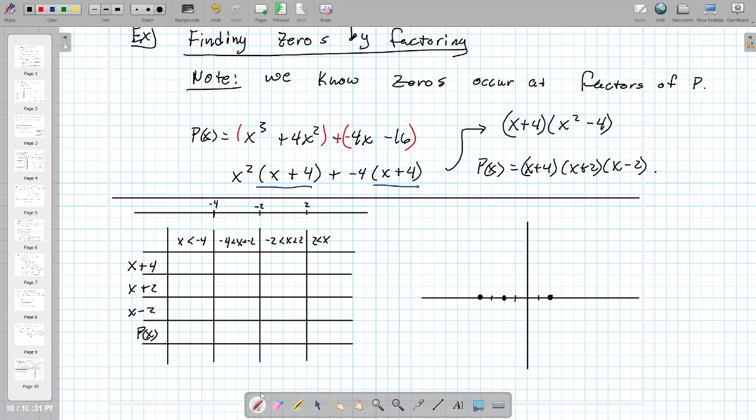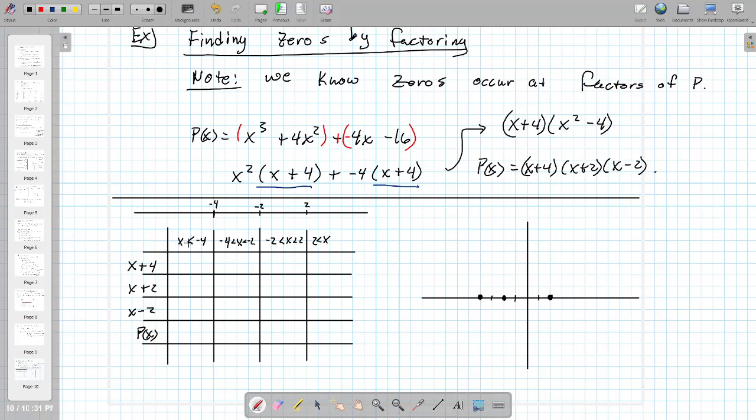Now what I'm doing here is I want to know where this function is positive and where this function is negative. So remember that p of x is the same thing as y. So if p of x is positive, then our y is positive, which means we're above the x-axis. So I want to know where my function is above the x-axis and where my function is below the x-axis. So we're going to check each of these intervals.